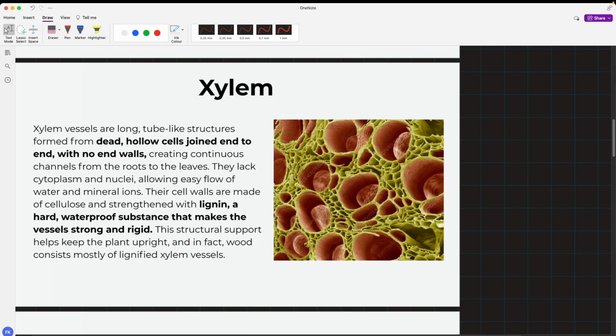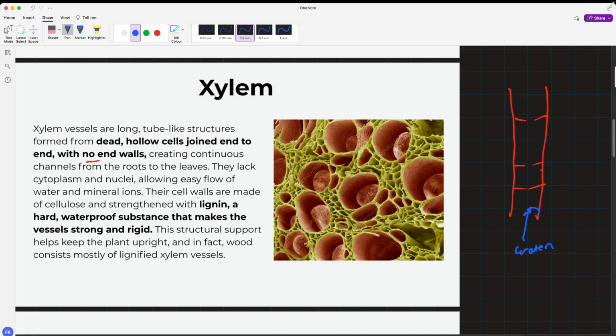Xylem is a long tube-like structure formed from dead, hollow cells joined together end to end with no end cell wall. So this is very interesting. Suppose we draw a hypothetical structure of xylem which has end walls, right? Suppose these are the end walls. If water is moving through it, this is the transport system of water.